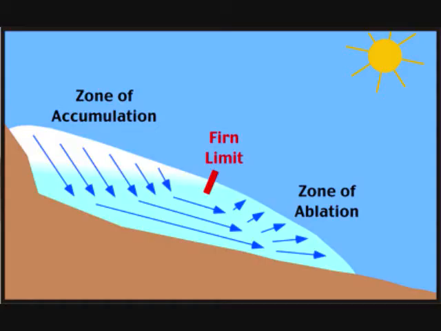The work of a glacier can be understood as the glacier moves downhill from the zone of accumulation to the zone of ablation. The velocity final in the zone of ablation will be substantially greater than the initial velocity in the zone of accumulation. As the glacier moves downhill, we will see that the force of friction will be a relatively small factor in determining the speed of the glacier.